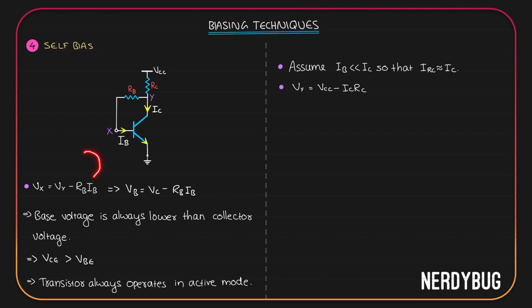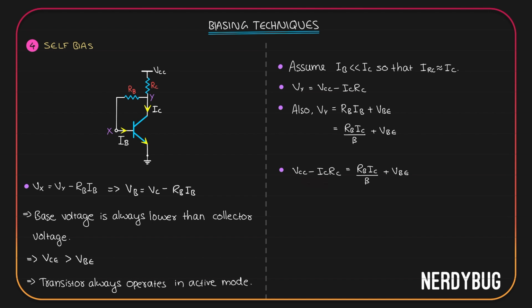But over here we have Vx is Vy minus IBRB. From there we can write Vy is IBRB plus VBE. Now IB can be written as IC divided by beta. So Vy can also be written as RB IC by beta plus VBE. Now this is Vy, this is also Vy. Let us equate them.